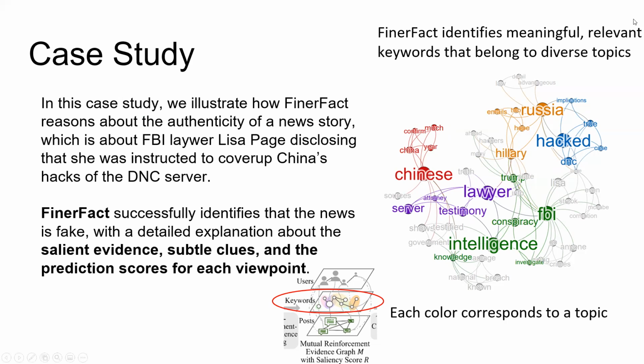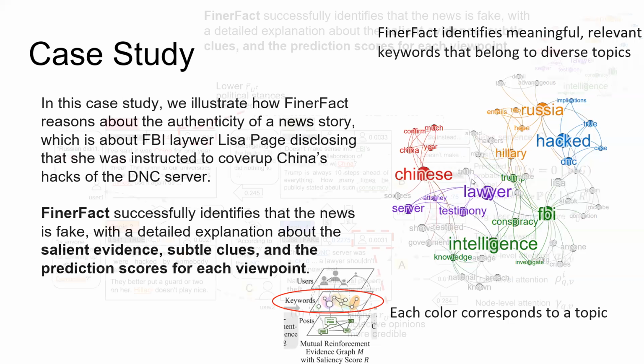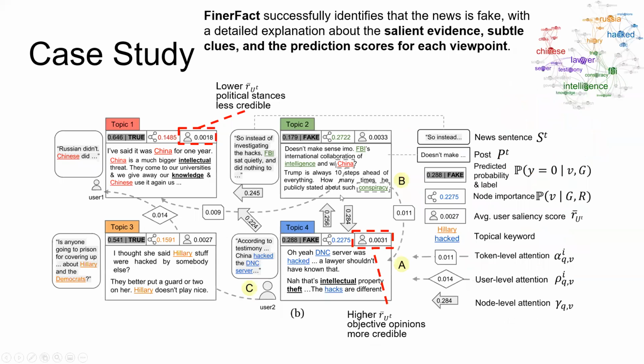The figure shown on the right is a topic graph about this piece of news, which is the circled keyword graph in the figure below. Each color indicates a topic. This is our case study.